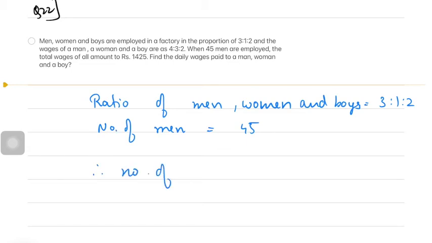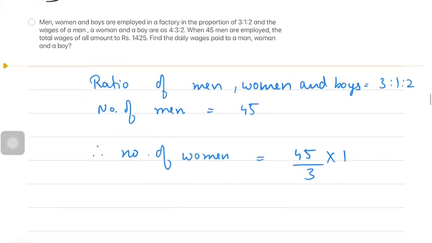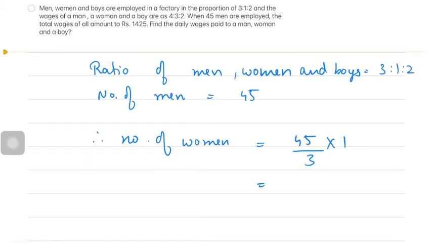So therefore number of women is equal to, if 45 is 3, how much is 1? So 45 divided by 3 into 1. This will come to 15.